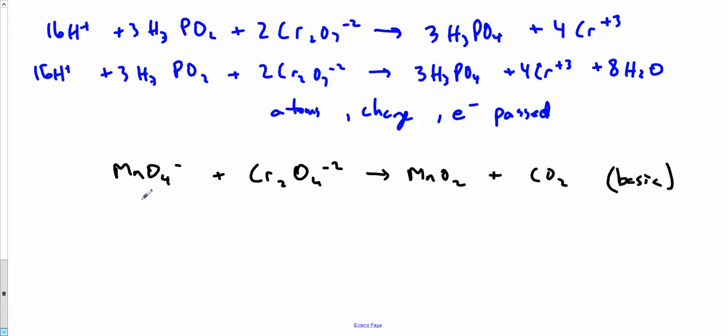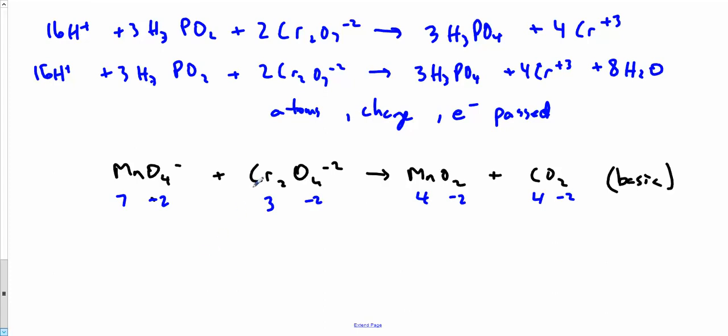So I am still going to assign oxidation numbers. Switch colors. -2, 7, -2, 3, minus 2, 4, minus 2, 4.